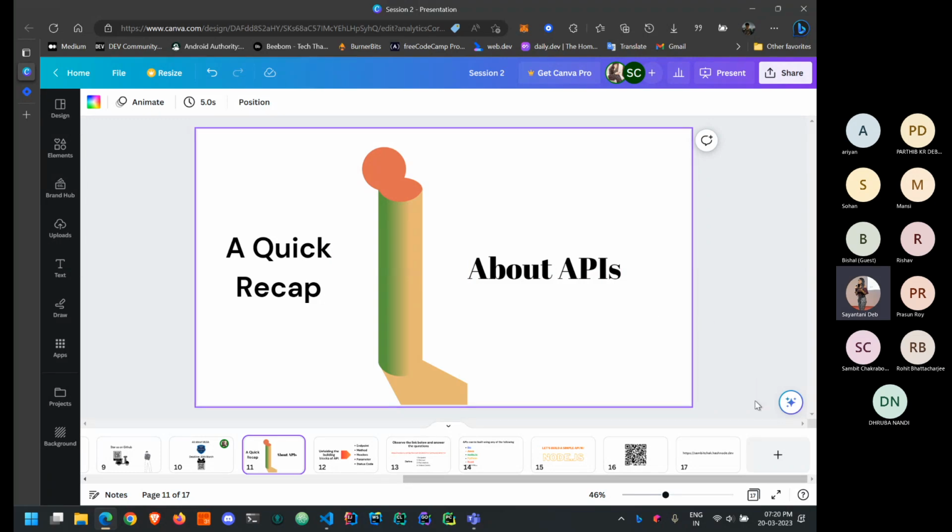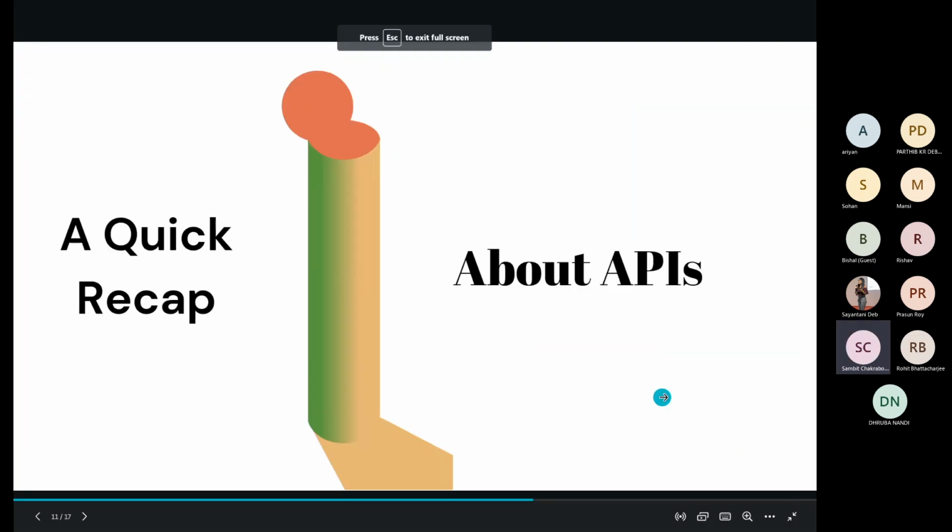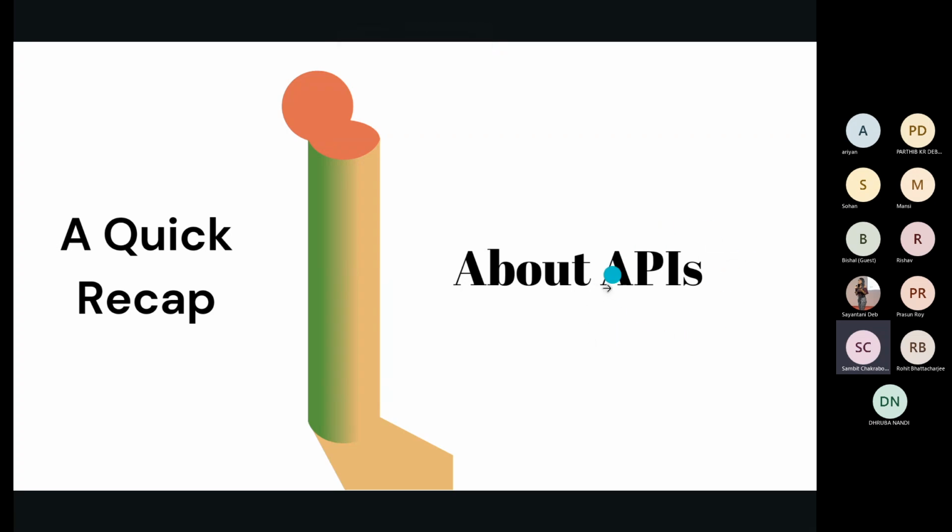Yeah, it's visible. Okay. So first of all, we have to know what an API is. API stands for Application Programming Interface. So why do we need APIs? We needed to develop an API to connect and interconnect different devices.